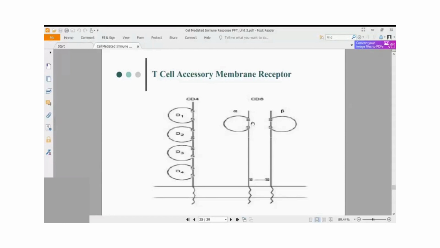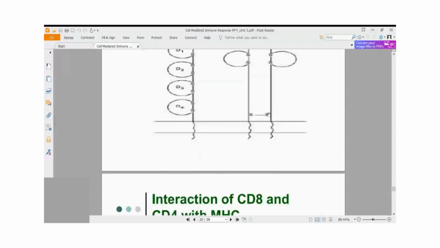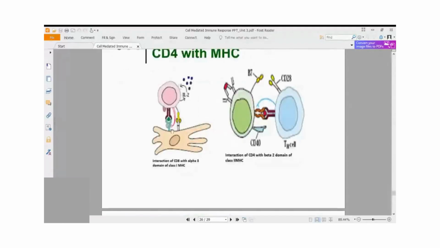And after the maturation of T cells, if there is an autoimmune response, by developing monoclonal antibodies and blocking the NH2 domain of the CD8 receptor, one can block the cytotoxic T cell response, because the association of CD8 with the alpha 3 domain will be blocked. Because of that, signal 1 will be incomplete.